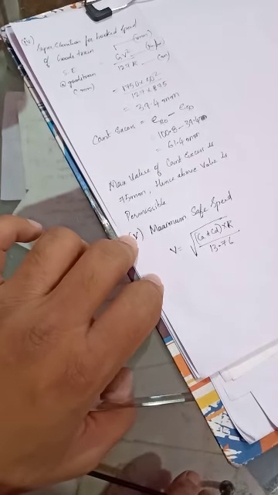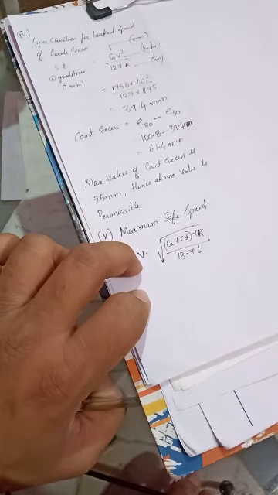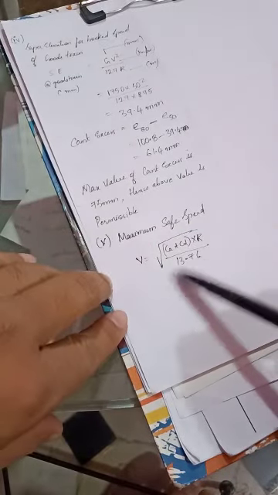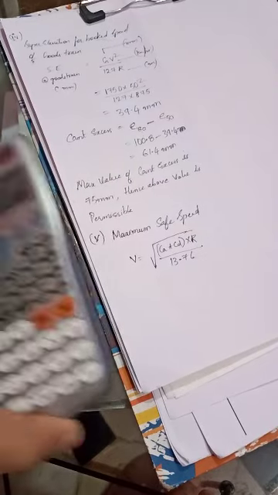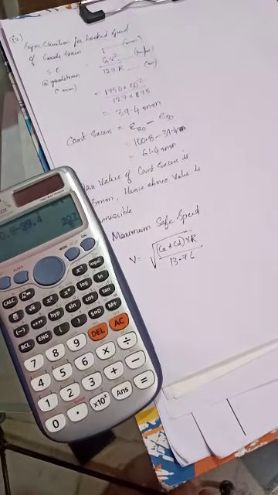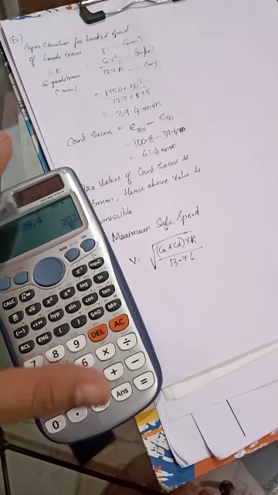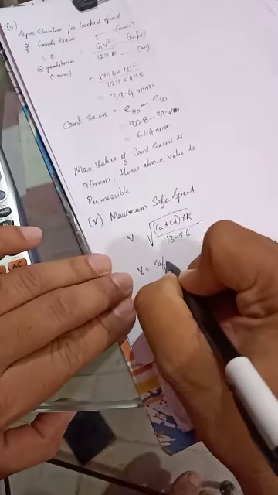This is the formula for calculating maximum safe speed. That is, V is equal to under root (CA plus CD) into R. V is nothing but safe speed.